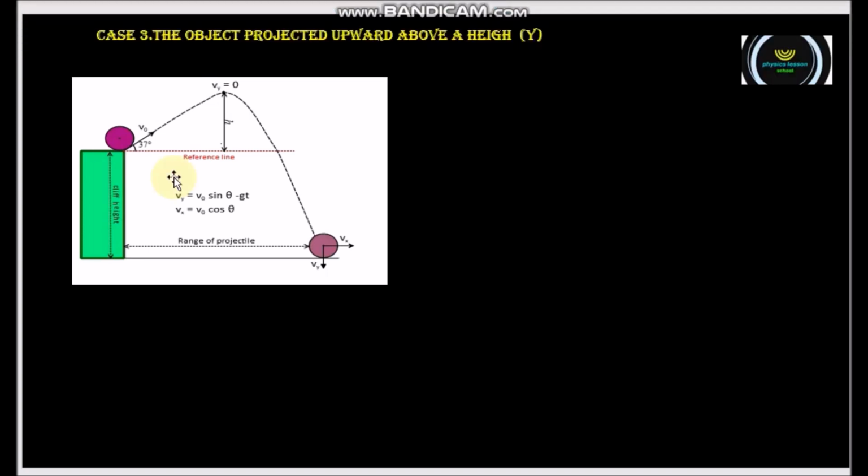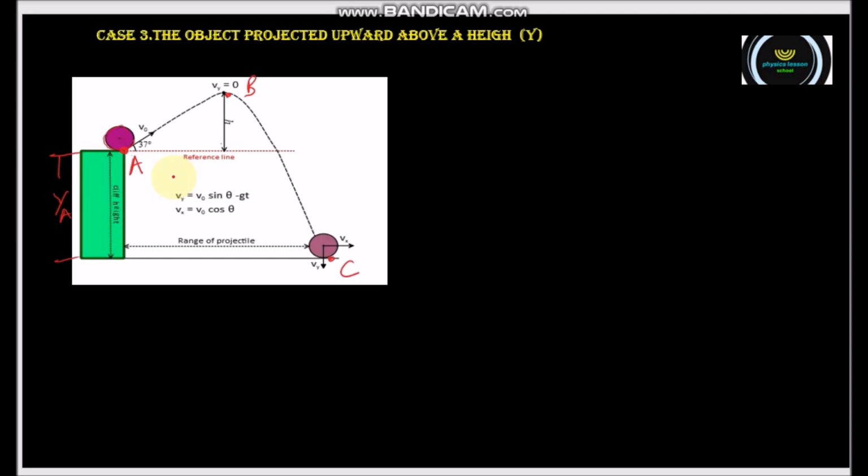Let's say this object is thrown above a certain height. Let's say this height ya, from this point to this point. Let me assign this point a, then at this point let me say b, and finally this point let me say c.